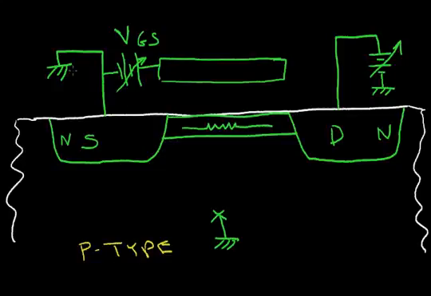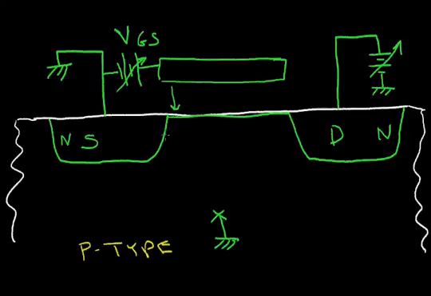Now let's ask ourselves, what happens as we increase the drain voltage? Right now we have it set at 0 volts. But what if we set that a little higher, perhaps at a volt? Let me erase some of this. And let's look at what's going to happen. At this part, I have a strong electric field because this source is at ground.